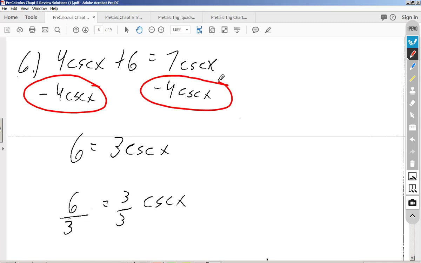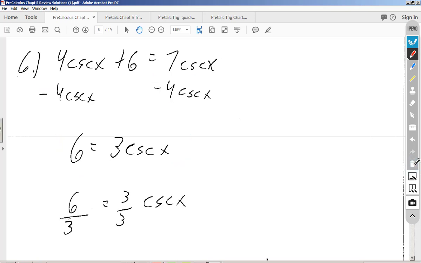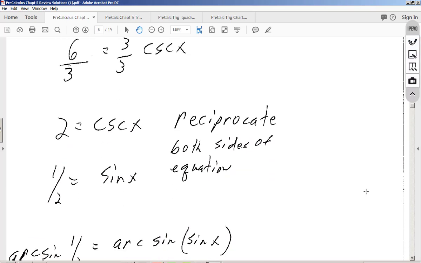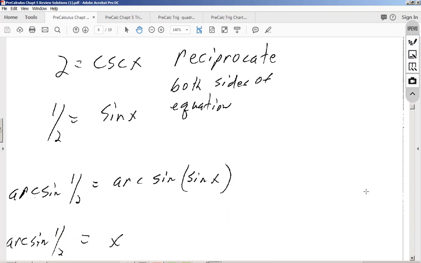And when I do that, I'm going to be left with 6 all equals 3 cosecant of x, because 7 minus 4 is going to be 3. Now, continuing my solving, I'm going to divide both sides by 3. So when I divide both sides by 3, that's going to just leave me with the cosecant of x, and I get 2 equals the cosecant of x.